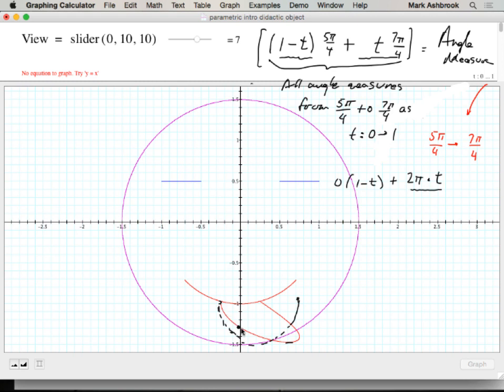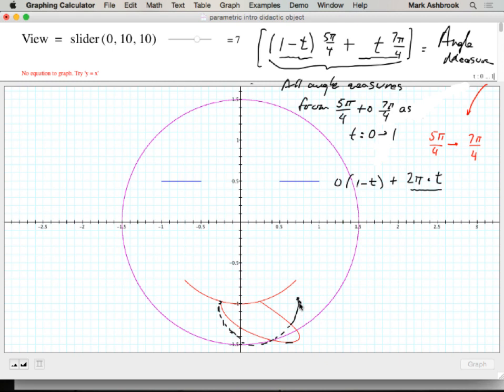So y goes down to its lowest point, and then even though something's going on with x, it makes it back up to here. So what angle measure does y go through from here to here? Pi to 2 pi. Do you see that the y coordinate goes from pi to 2 pi? Okay, so that's the clue: your y goes from pi to 2 pi.